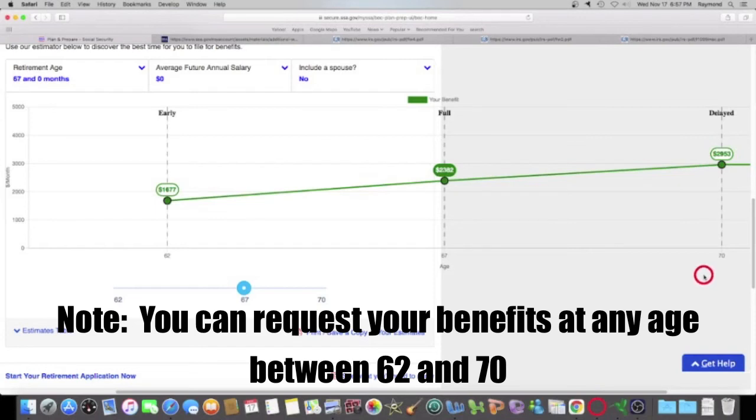The other thing that you have to think about is your health. Do you think you're going to make it to age 67? Do you think you can live to age 70 and beyond? If you're in good health, if you have confidence that you can make it, that factors in.